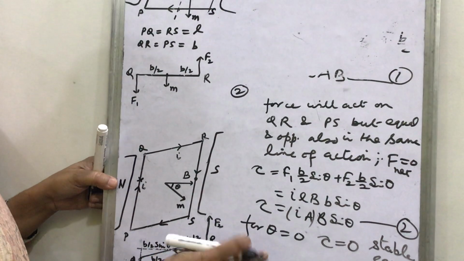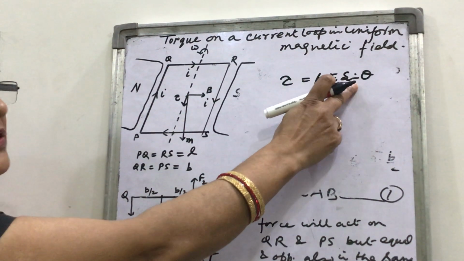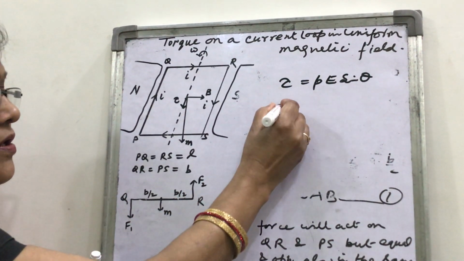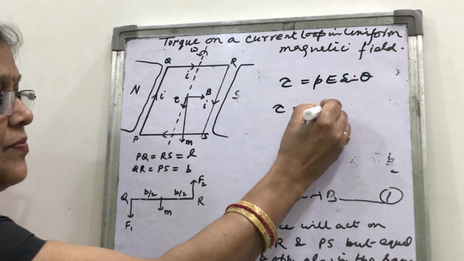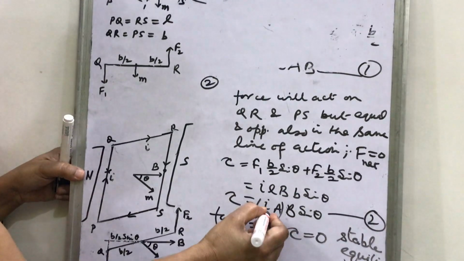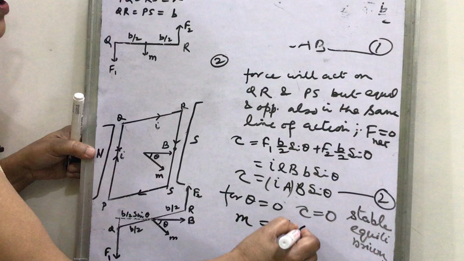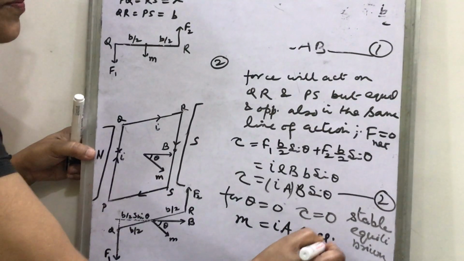It is said to be magnetic moment. Here it is dipole moment and electric field and sin theta. And what here you got, this is M B sin theta. This quantity IA is called magnetic moment. So M equal to IA, magnetic moment.